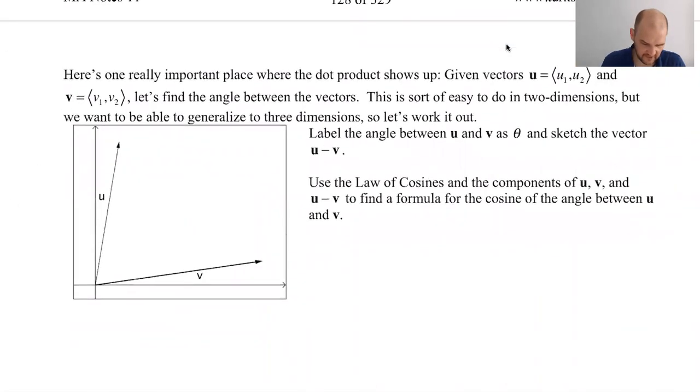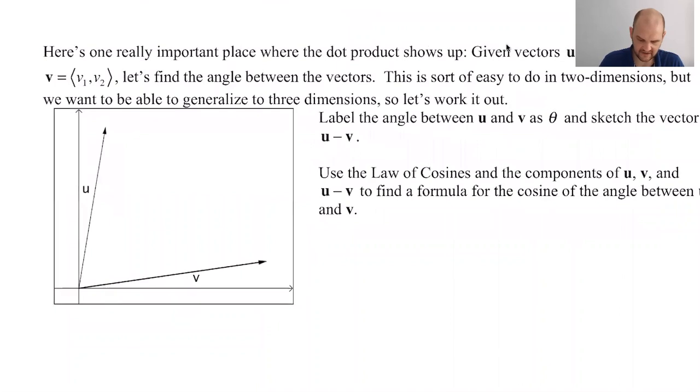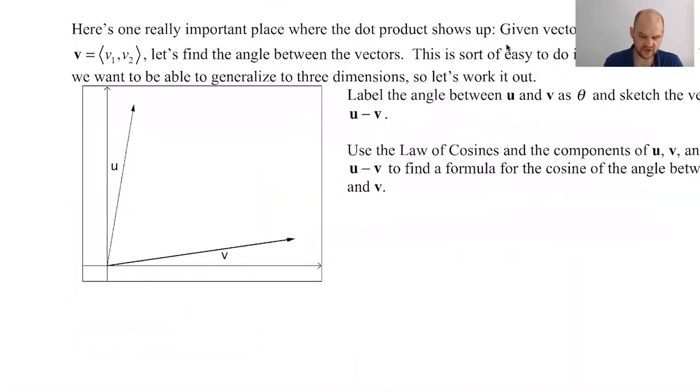So first thing we're going to do is add to this picture the vector u minus v. So u minus v, that's like u plus negative v. So if v is here, which it is, then negative v is here-ish, right? So then u plus negative v would go this way, and then we would go from here to here.